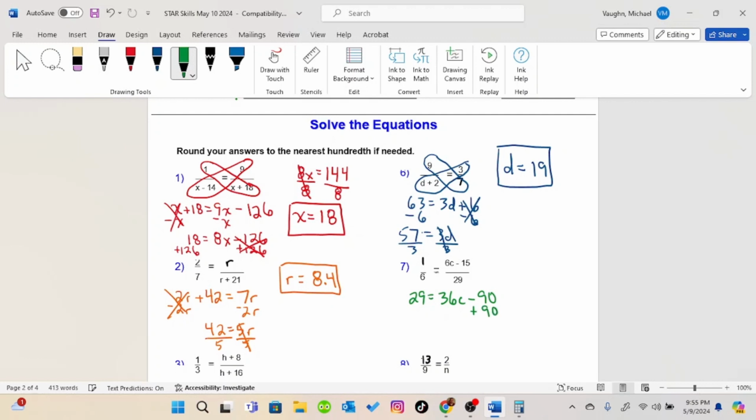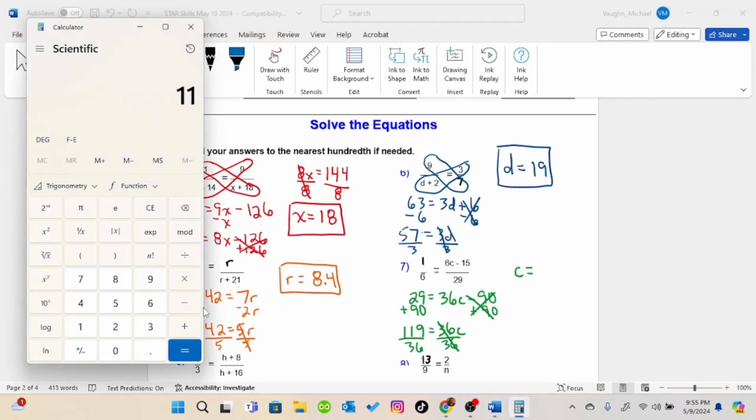We add 90 to both sides, and 119 equals 36c. Then we divide both sides by 36, and c equals 119 divided by 36, and it says round to the nearest hundredth, so that would be 3.31.